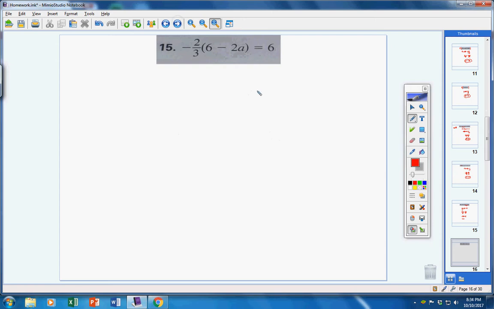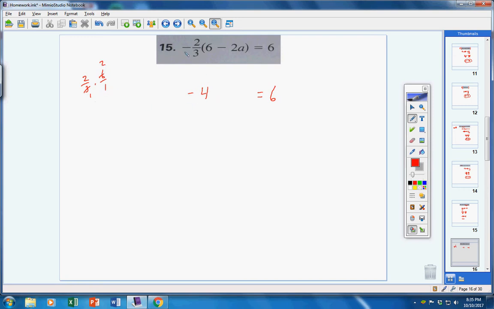Step 1, simplify both sides. Negative times a positive, negative. 2/3 times 6 is 4, because 2 over 3 times 6 over 1, 3 cancels into 6 twice, 4 over 1 is 4.